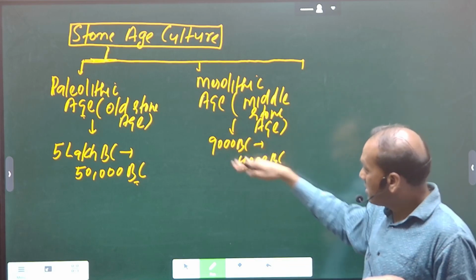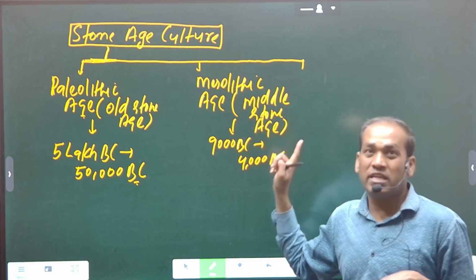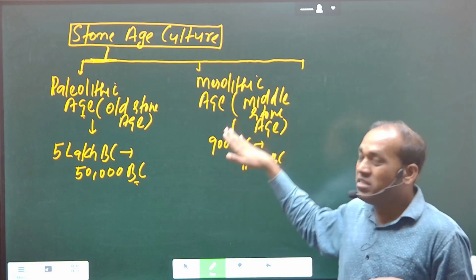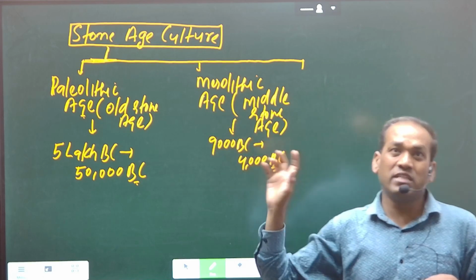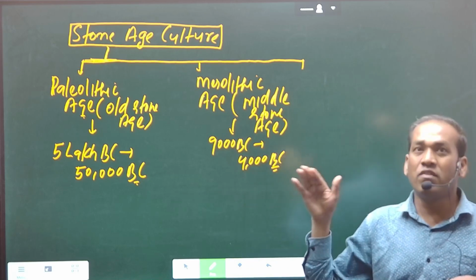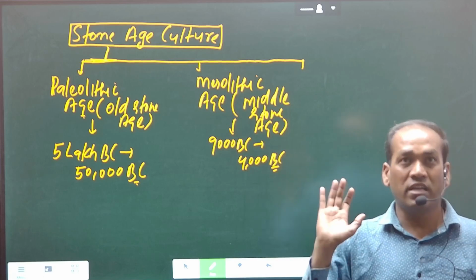Remember, this is the exact date given in your NCERT. So whatever the date I mentioned here, you can verify the date in your NCERT. So you have to follow always the date given in your NCERT book.